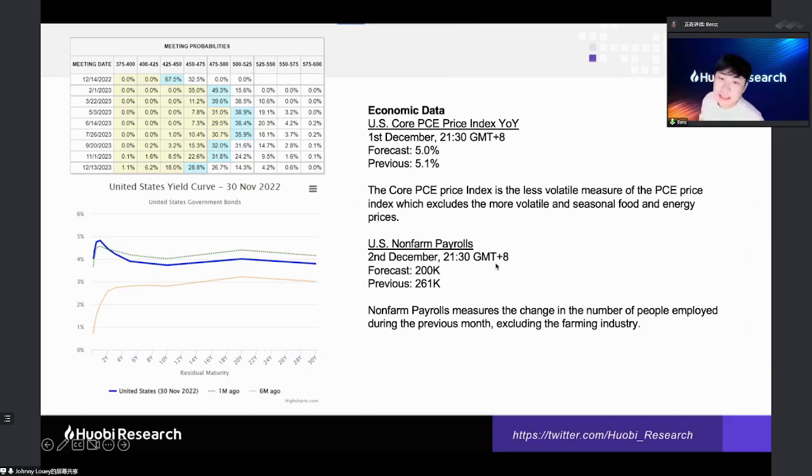First one is the US core PCE. PCE stands for personal consumption expenditure. It's data on how US consumers consume and spend their money. Inflation is where people have a lot of cash and spend a lot of money because they have a lot of spendable income.